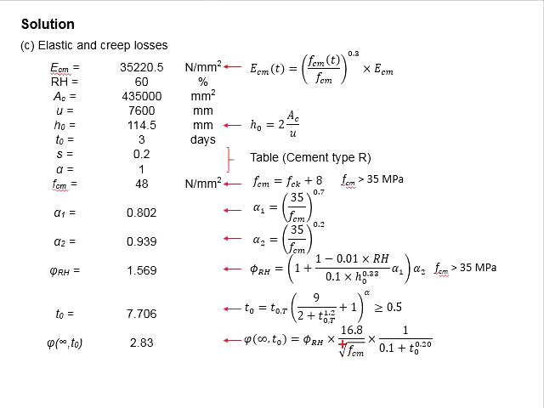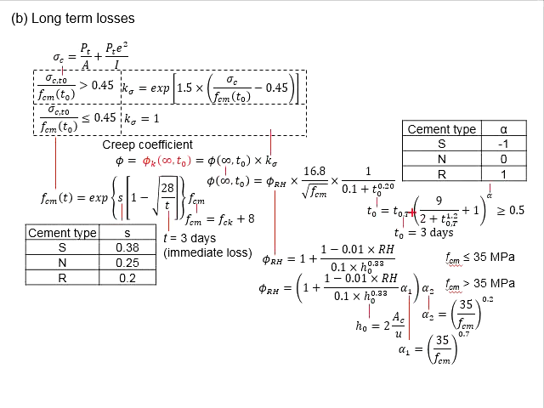Next, in these equations, there is fcm. You can substitute 48 here, and you will need to determine the t naught here. For you to determine the t naught, the transfer will be taken as 3 days, and there is an alpha here which you can refer to the table here.